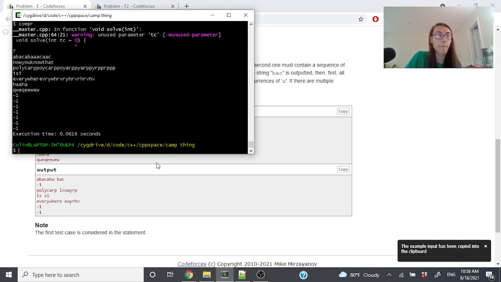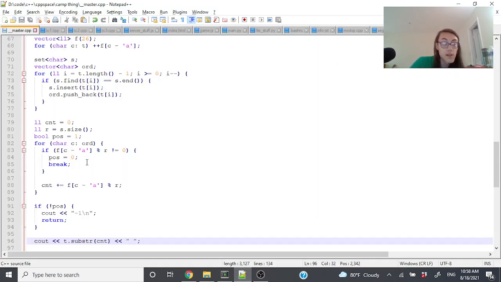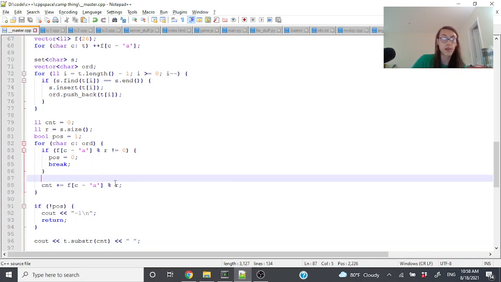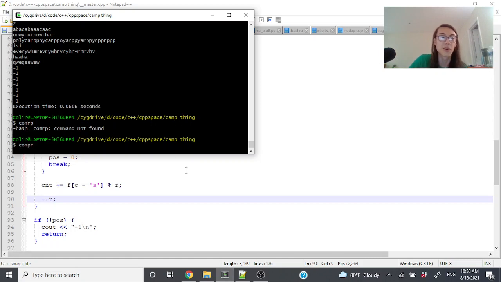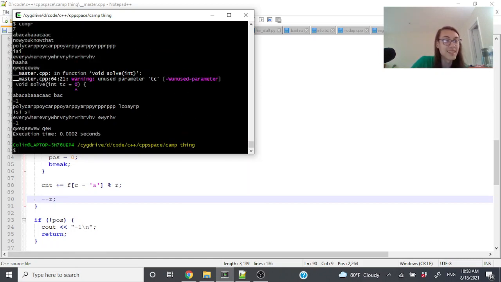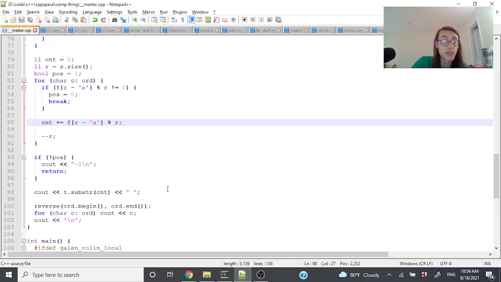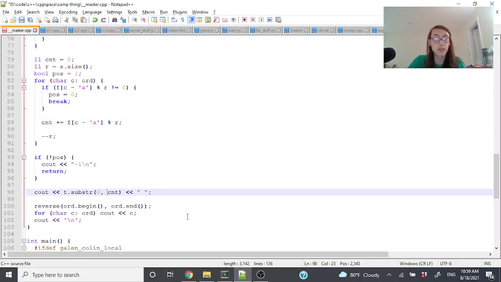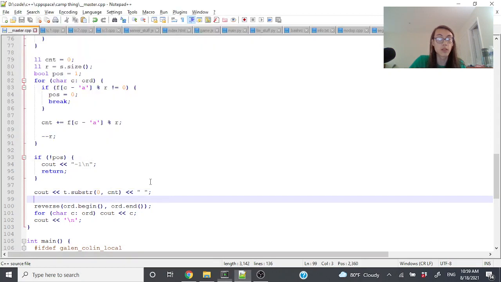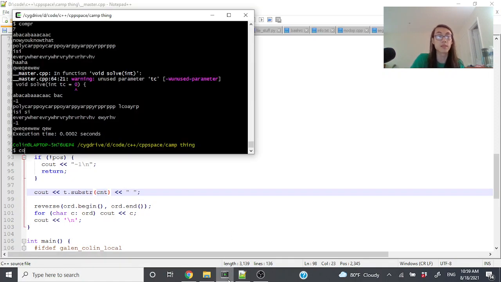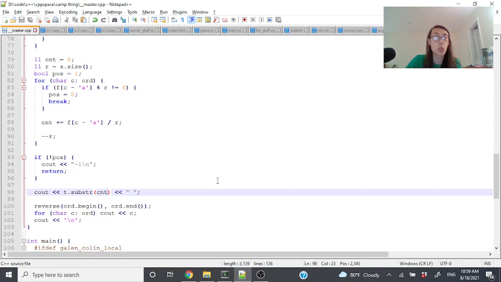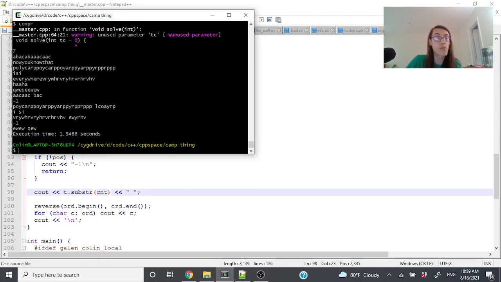That should work. Nope, does not work. Now we subtract 1 from r, because now we're going back. Nice. What? Oh, divided by. Otherwise, I'm not actually sure what that does, but I don't think it's right. Still not right.